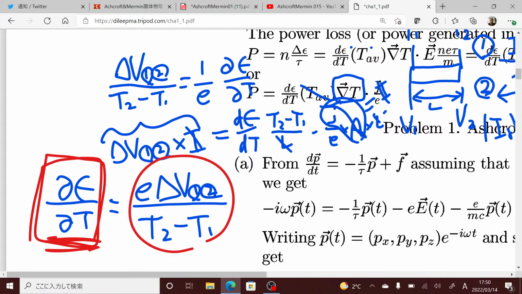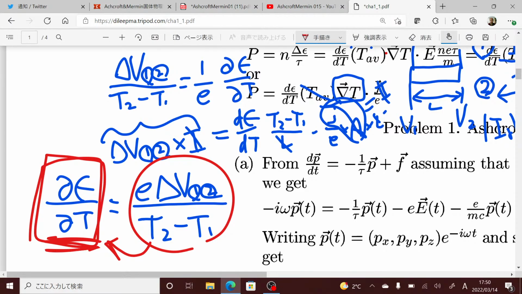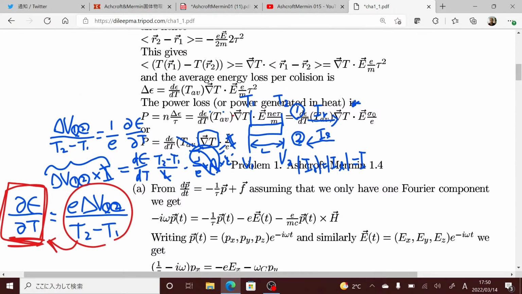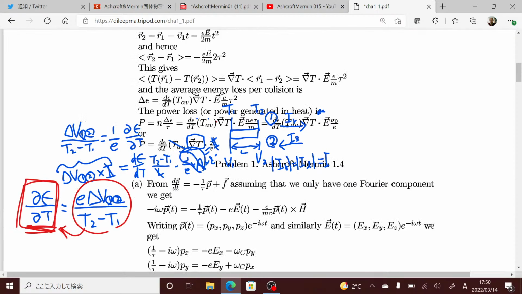If you make this kind of experiment, you can obtain this left-hand side, useful information. I think that's the core message of this problem.